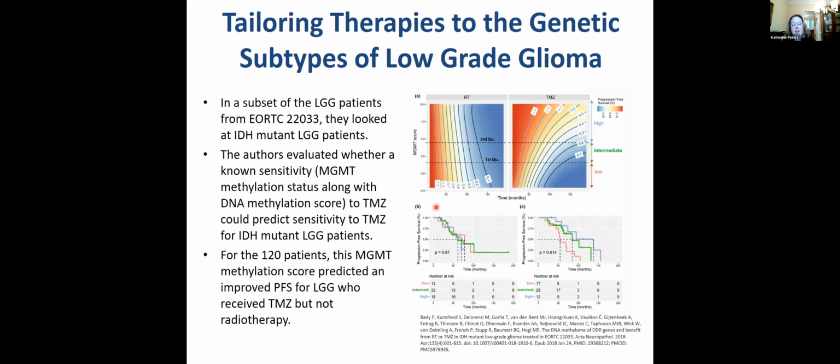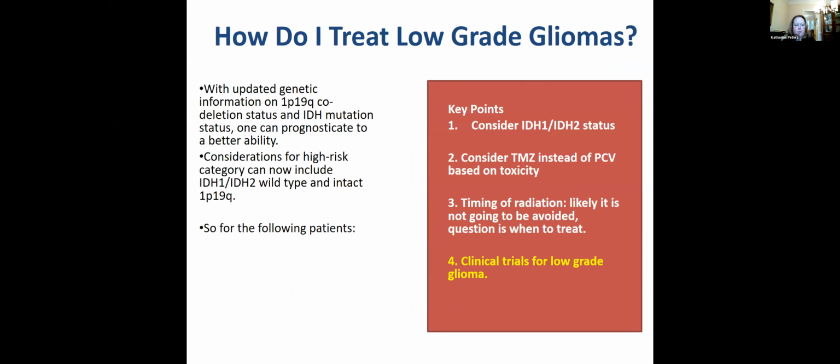They used the same scale in these patients, and what they found was that for the temozolomide group, this scale could be predictive of how they respond to temozolomide therapy. I think this is the first time they really pointed to other markers that could potentially predict how patients with low-grade glioma respond to chemotherapy. So really nicely done paper.